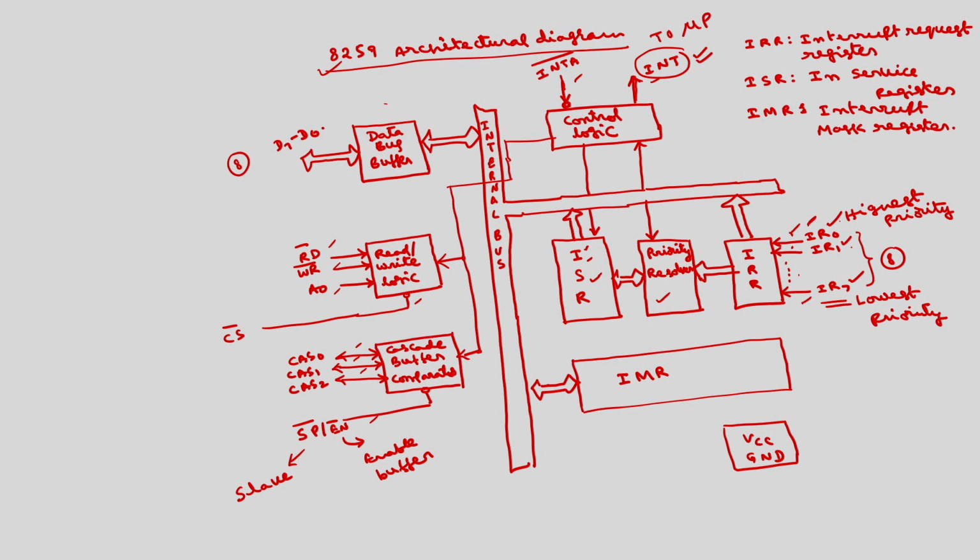Once INTA bar becomes 0, the interrupt branch address of that particular interrupt will be placed onto the data bus. The microprocessor control goes to that address and performs whatever task is required for that interrupt. The last instruction of the interrupt service subroutine is IRET, interrupt return, and it will come back.